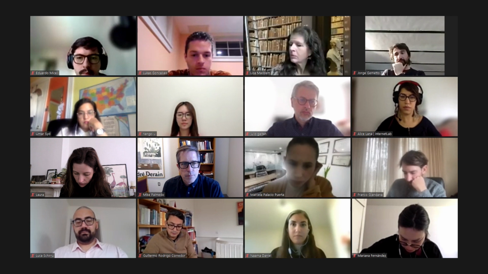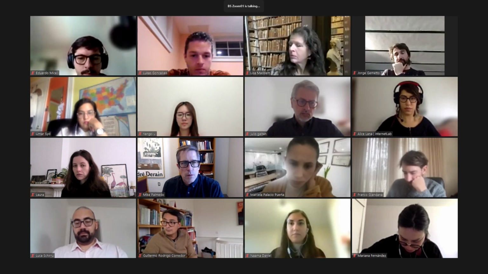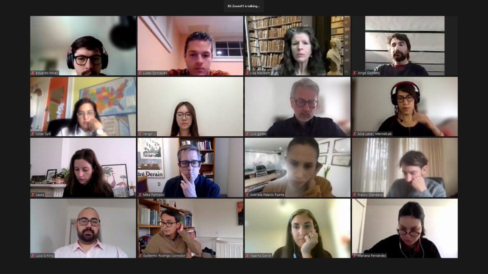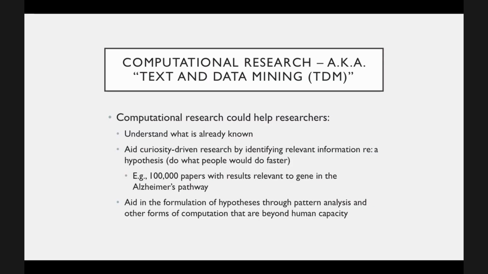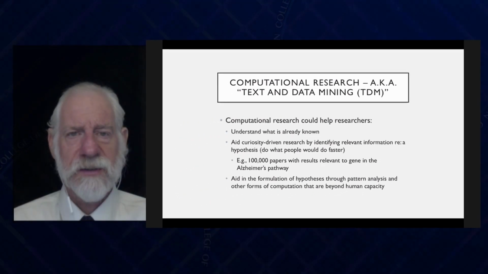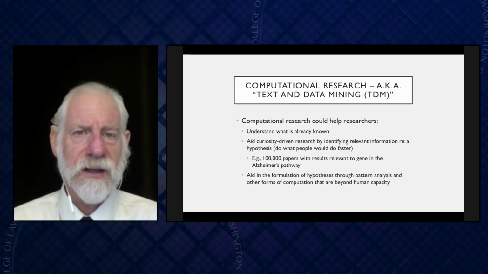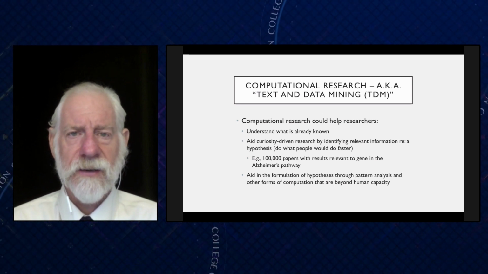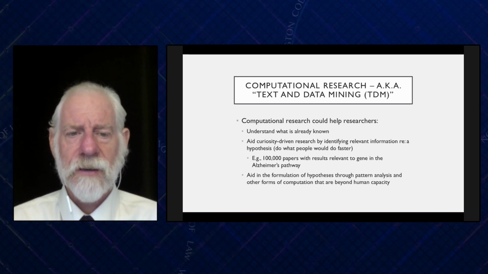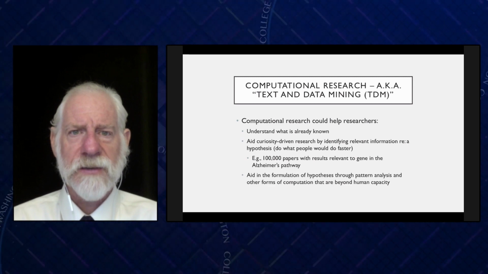And it can aid curiosity-driven research by both finding specific research opportunities, but potentially opening up entirely new research fields that would be invisible to a human researcher because the patterns in the data cannot be detected other than through large-scale computational processing.